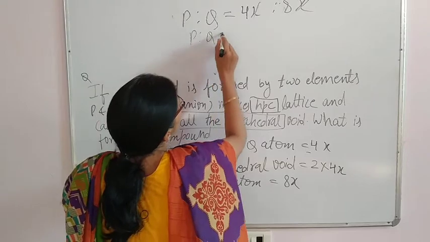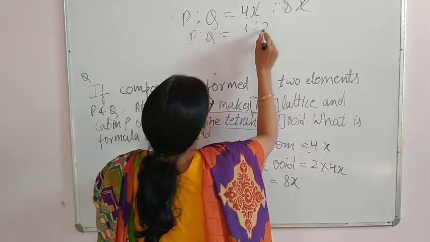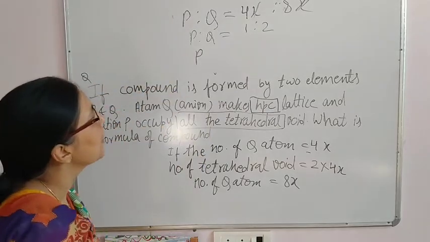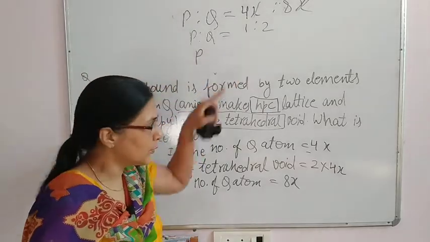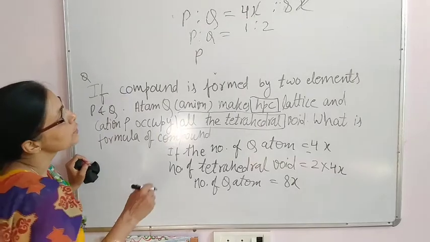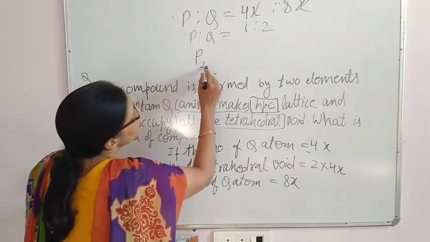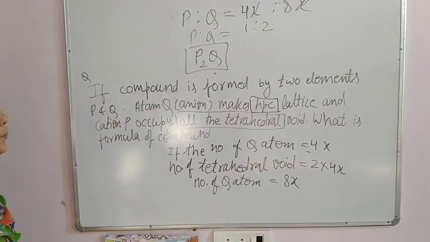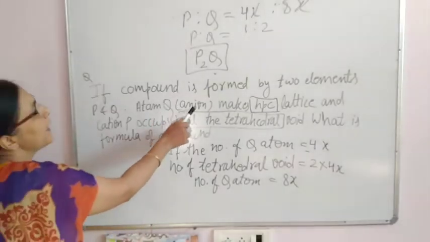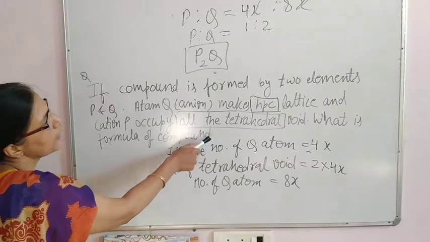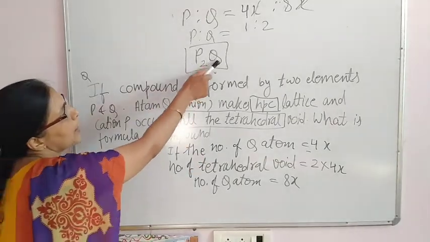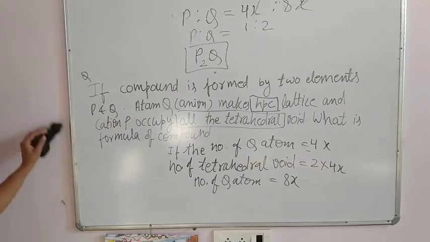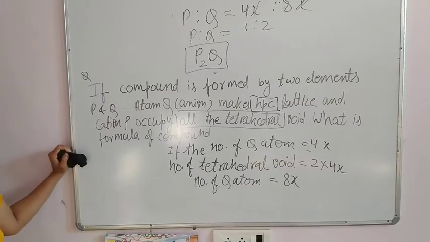P ratio Q is equal to 1 ratio 2. It means the number of P atoms is 1 and the number of Q atoms is 2. So its formula will be P2Q. Why P2Q? It will not be QP2 because anion and cation are given, so the cation comes first and the anion next. So the formula is P2Q. I hope you understood.